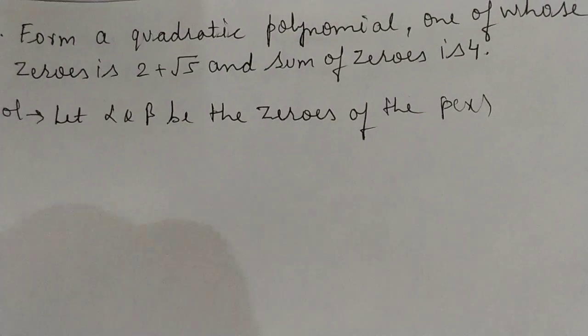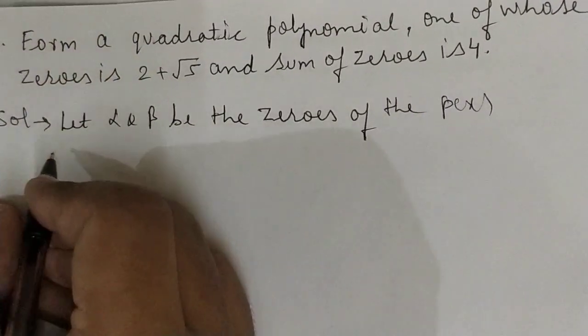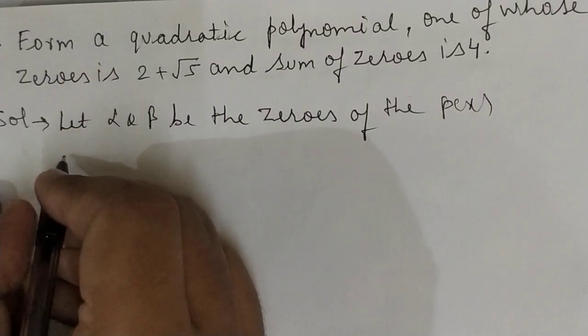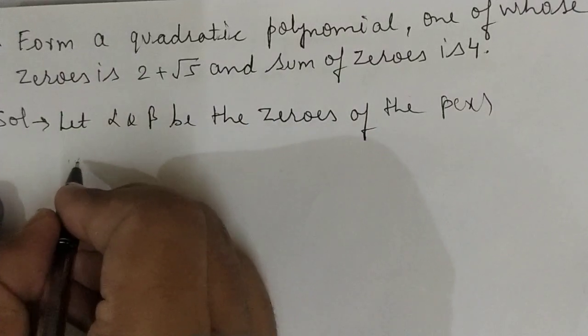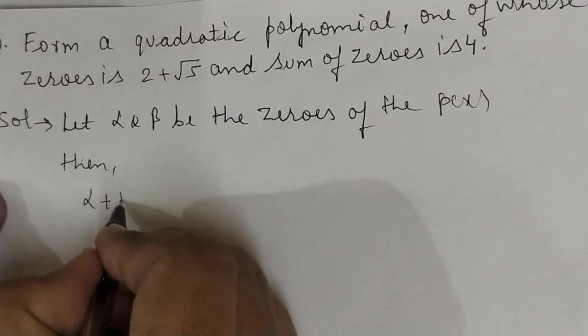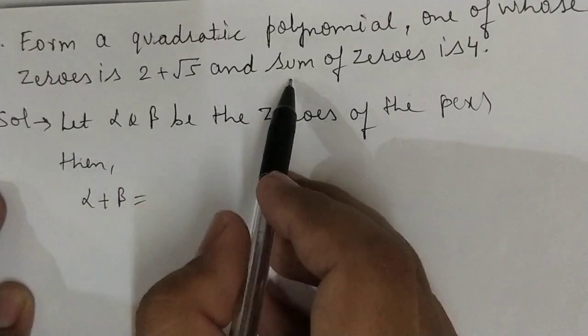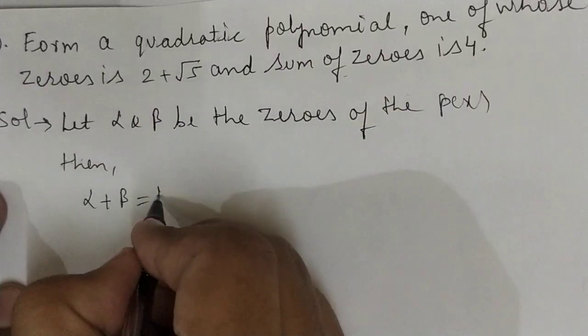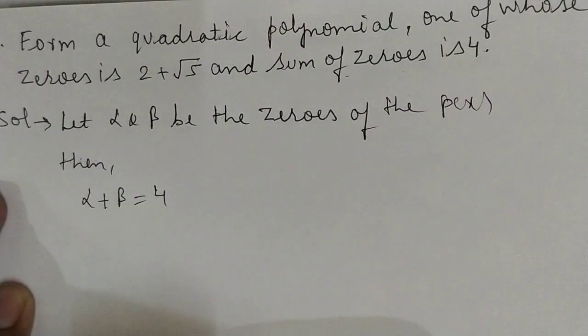Yes. Now here it is given that sum of the zeros, then sum of the zeros means alpha plus beta, and the sum of the zeros in the question is given 4. It is given 4.